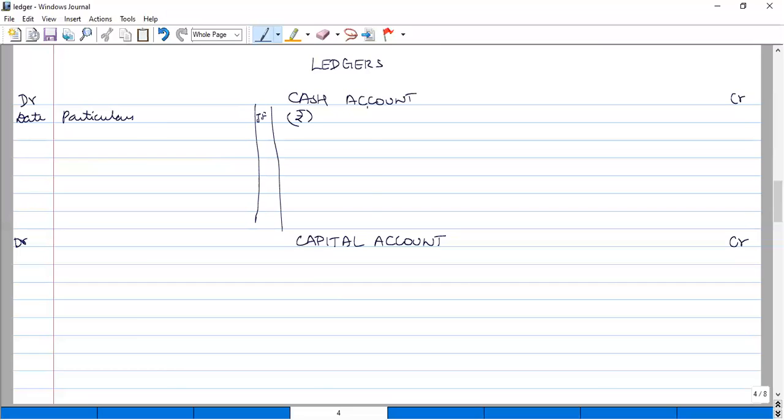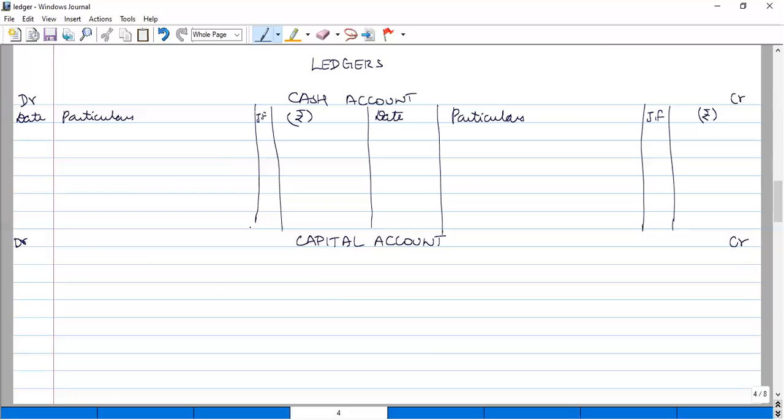Once again, on the credit side you will have date, particulars, then journal folio and amount.